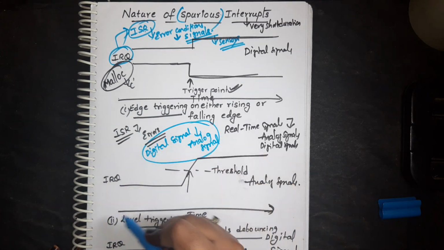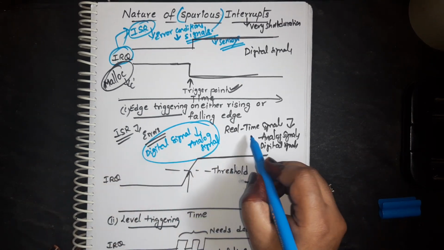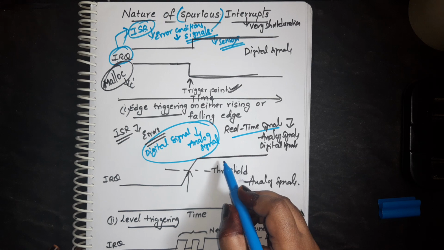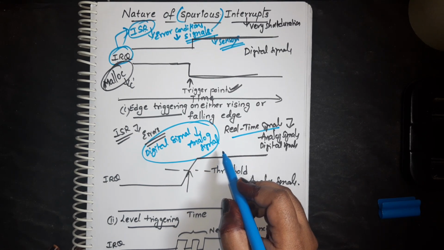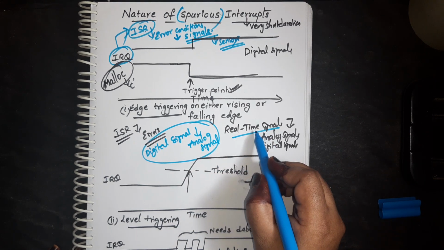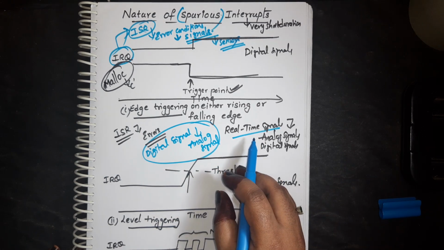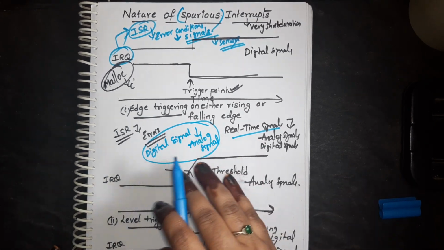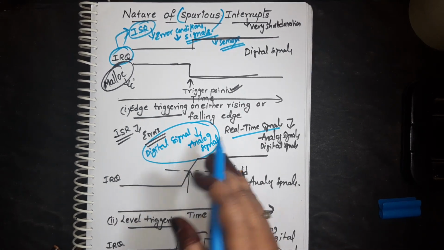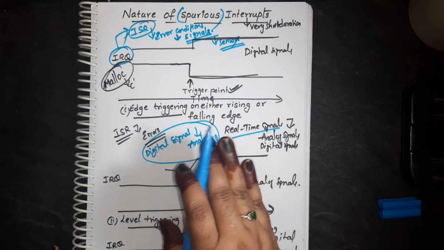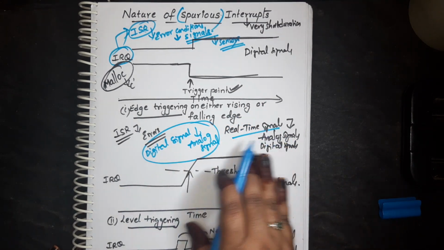The combination of digital and analog signals is called real-time signals. In a real-time operating system, the real-time signals generated are digital signals and analog signals. In the real-world situation, whatever concept we discussed should be somewhat different in the real-time operating system.